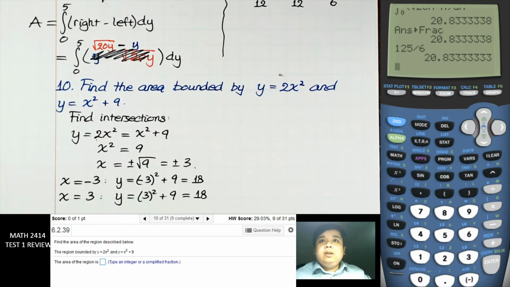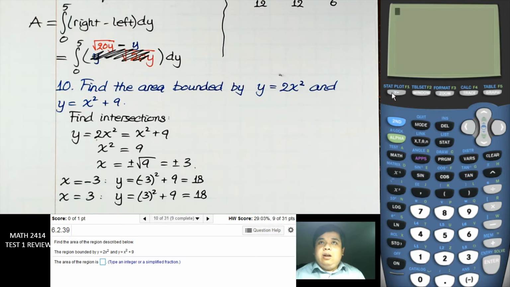Right. Let's see the graph. Y equal to 2x squared, a parabola that opens up, and this is also another parabola that opens up.